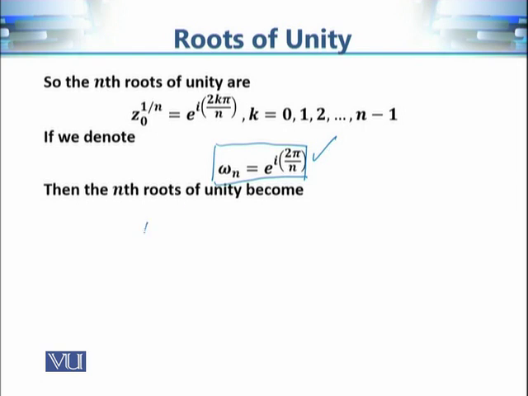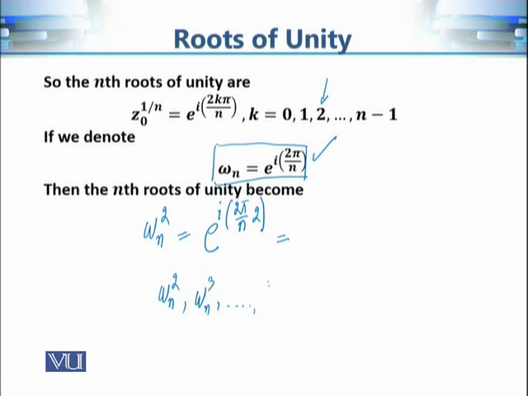If I take the power of omega n to be 2, then it's going to give me e raised to the power iota 2 pi by n multiplied by 2, which is exactly the same root that we got when k is equal to 2. So in other words, if I start from omega n, then the next root is going to be omega n raised to power 2, and the next root is going to be omega n raised to power 3, and so on.